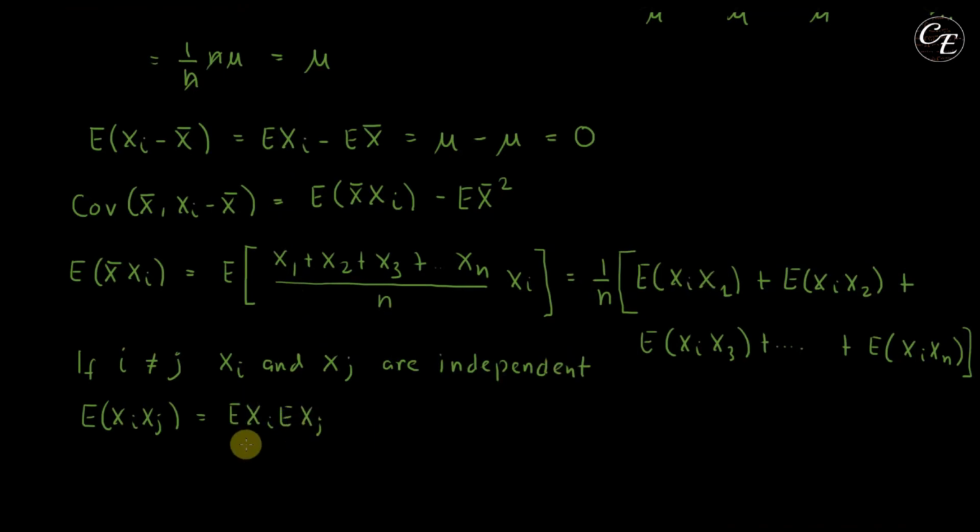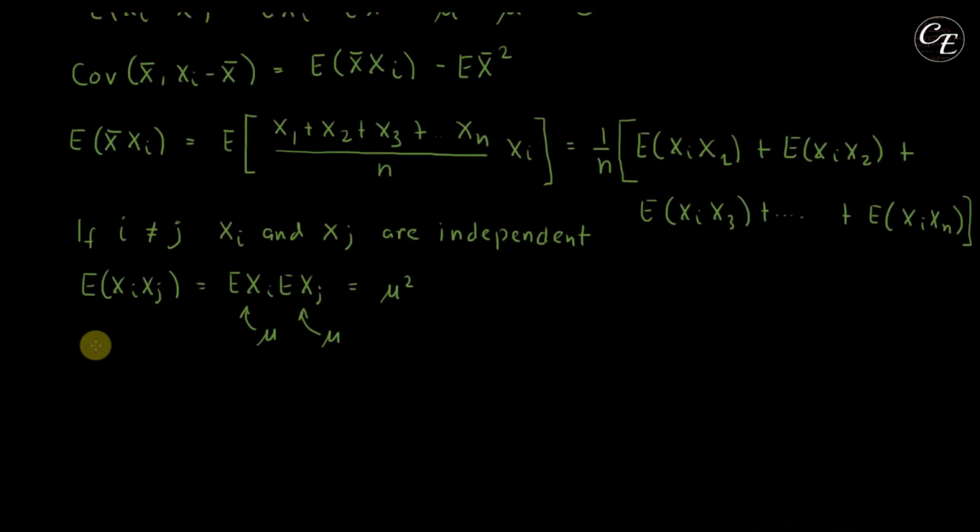We know that expectation of x sub i is mu, and also this one is mu. So this is equal to mu squared. And there are n-1 terms in here where the value of the term is mu squared. So expectation of x bar x sub i is equal to 1 over n times n-1 of this mu squared.